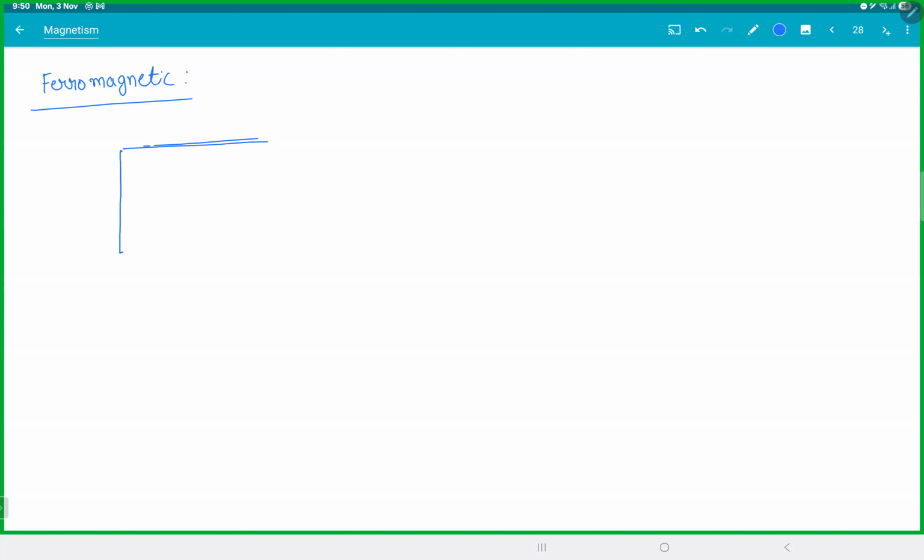So, what are these ferromagnetic things? The difference here is that ferromagnetic materials have something called domains.